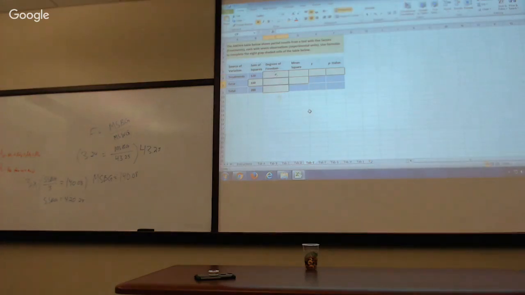And then our error degrees of freedom is going to be the total number of observations. We have 5 different effects, or 5 different things that are changing. We have 7 observations within each of those. So our total N is 35, and then we subtract out our K, which is this number above it. We have the 35, so our total degrees of freedom will be 35.